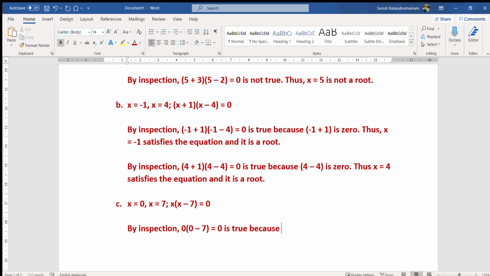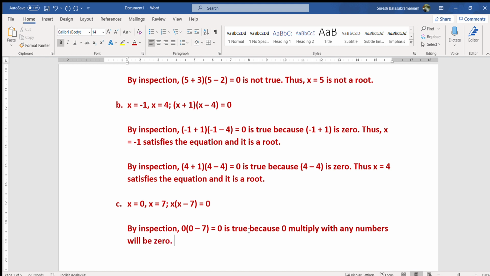Because 0 multiplied with any number will be 0.